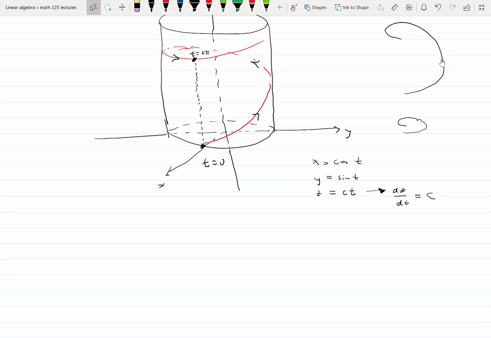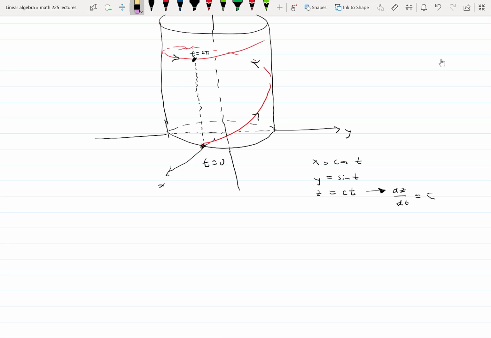So here's your hint. If c were actually equal to 0, then z would equal 0, and we'd travel around and around the unit circle. Then the length of the unit circle would be 2 pi r, 2 pi times 1, which is 2 pi. Well, c is not necessarily 0, so we expect the arc length to be greater than how much?